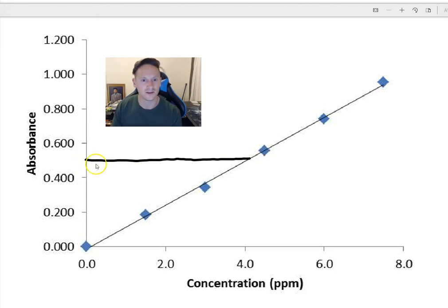Then, using my ruler, we go down to about there, and that number corresponds to the concentration of the sample. I actually redeemed myself a bit there, I'm pretty happy with that. So that's how you would plot a calibration curve using known samples, and then find your unknown sample based on what you've already calibrated it with.